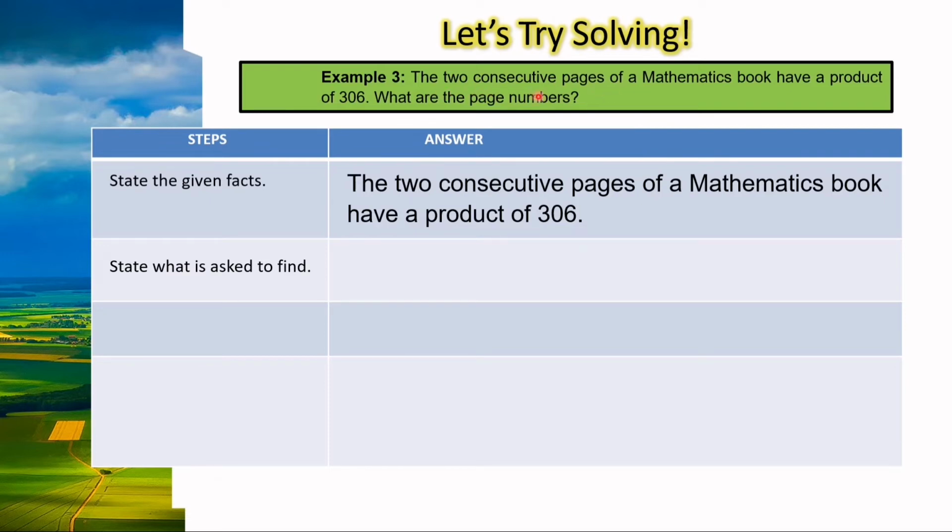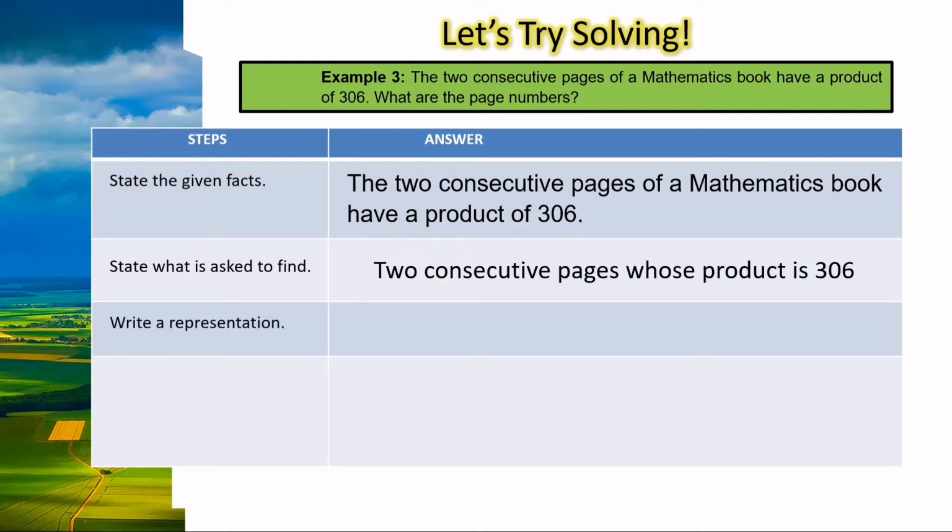With that idea, what kind of numbers are you expecting to get? Are you expecting to get a negative value for this? Of course not. So page numbers can only be written in positive pages, positive numbers. So you are looking for the 2 consecutive pages whose product is 306.